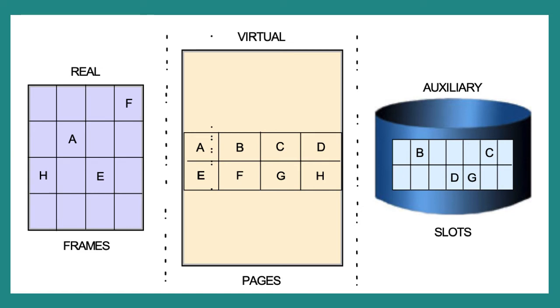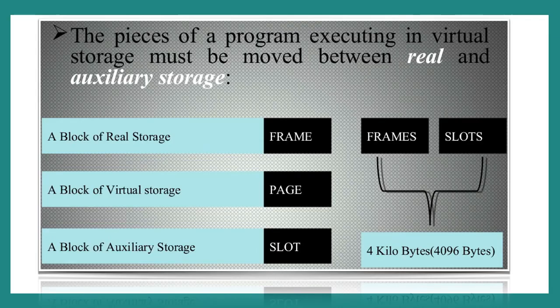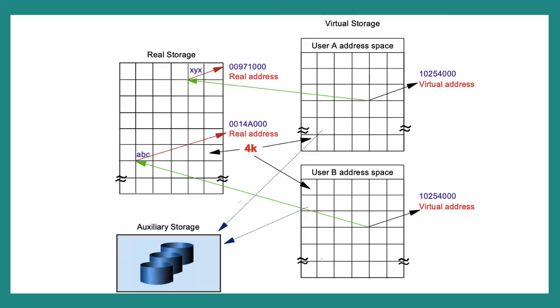The piece of program executing in virtual storage moves between real and auxiliary, as I said before. To allow this, the z/OS operating system manages storage in units of blocks of 4 kilobytes. That's the unit at the center that we manage.